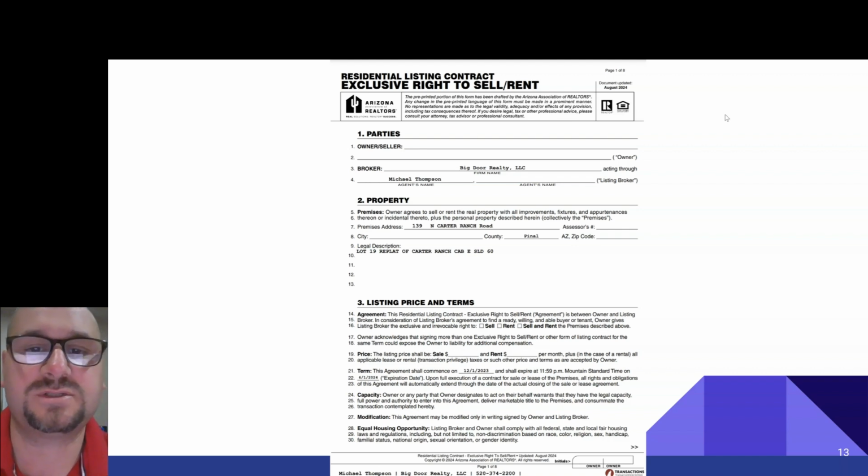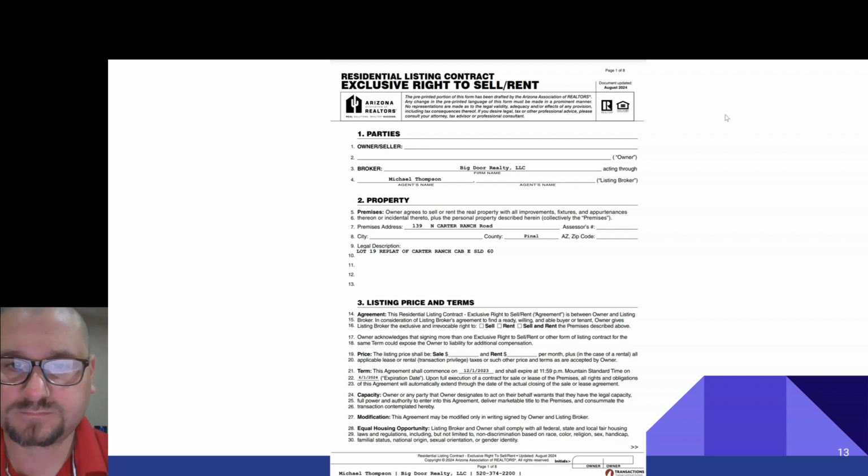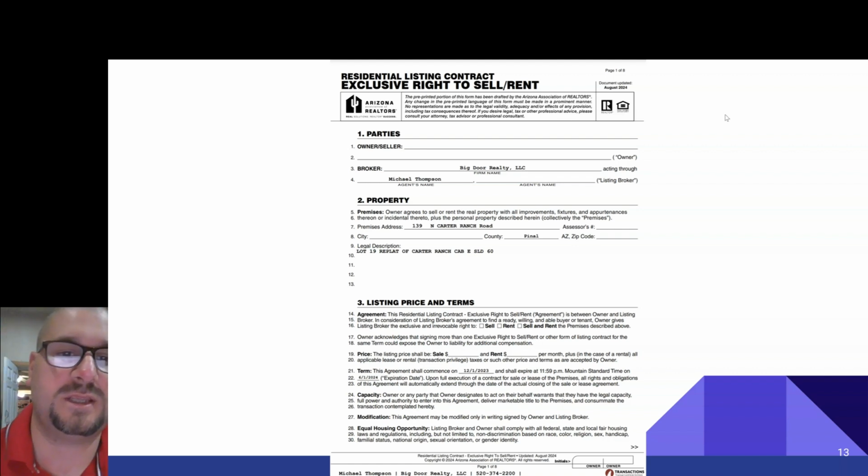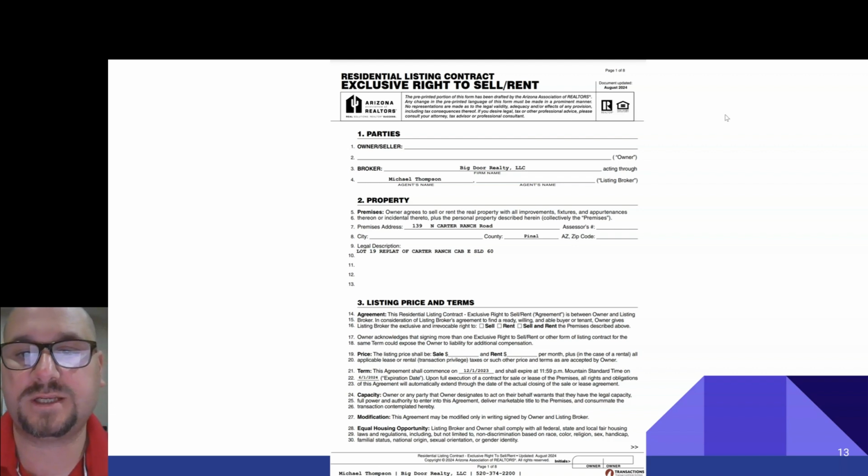So this residential listing contract, exclusive right to sell, rent agreement is between the owner and the listing broker in consideration of listing broker's agreement to find a ready, willing, and able buyer or tenant. Owner gives listing broker the exclusive and irrevocable right to, and then you need to mark here, sell and rent the premises described above.